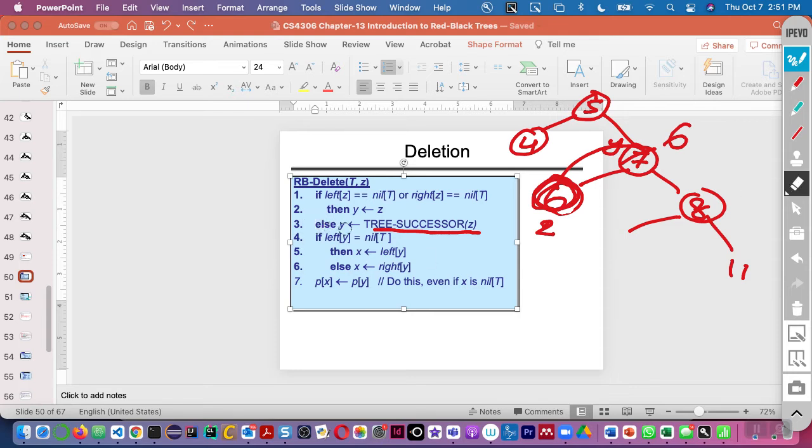Else Y will be, okay, so if it is not nil, that means if it is at the leaf level, and if it is not at the leaf level, right?